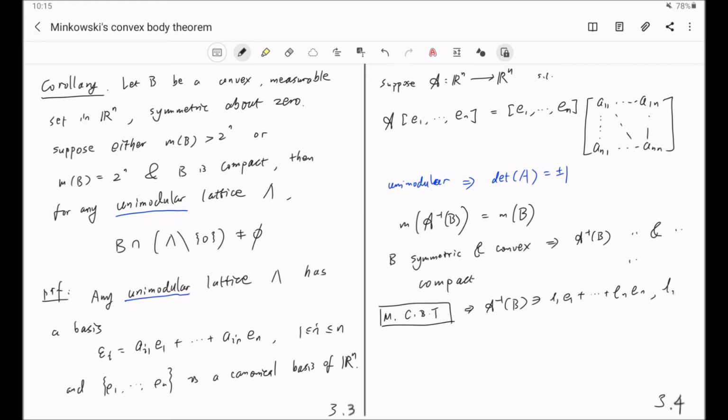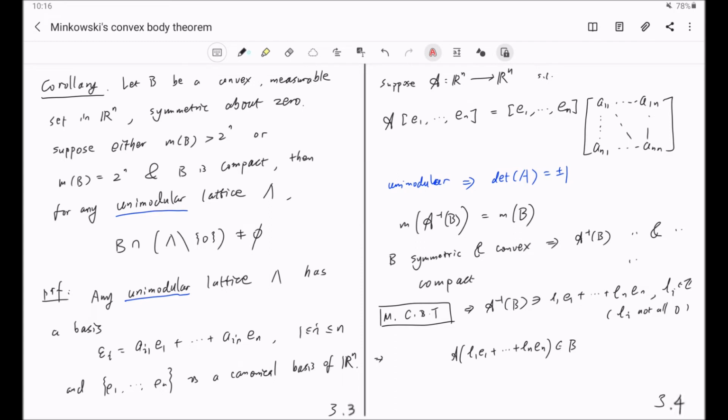So those l sub i's are integers and l sub i's not all zeros. And now you apply A to this vector. It follows that script A applied to this vector will be in B by this relation.